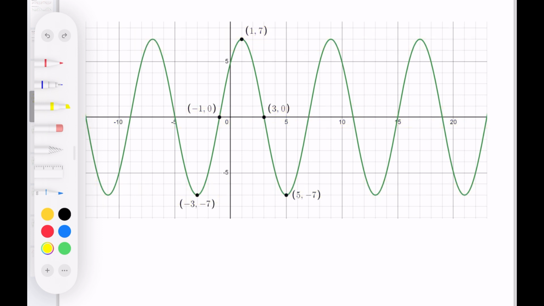The other difference is the period. Period for the basic sine curve, for the reflected basic sine curve, for the basic cosine curve, and for the reflected basic cosine curve, the period was equal to 2 pi. Here, the period is different. How did we define the period again? Period was defined as the distance between two consecutive parallel points.